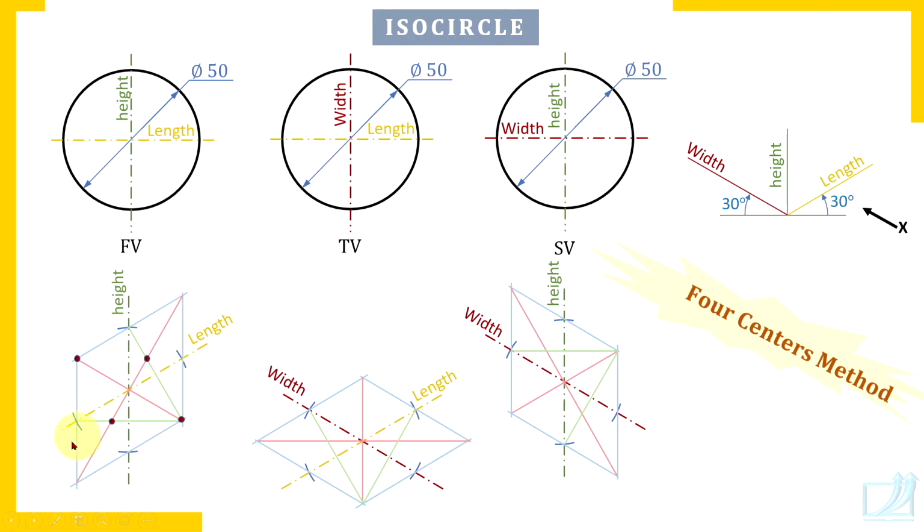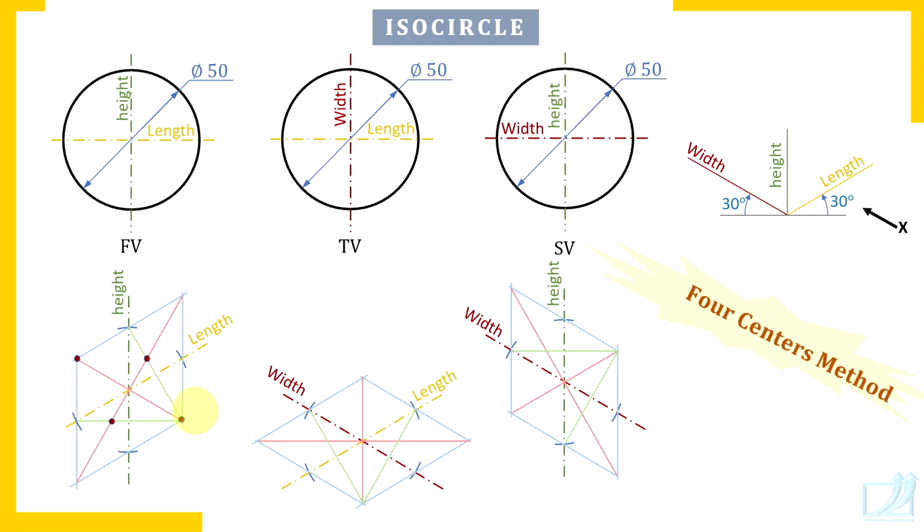This height axis and length axis. Height and length axis create four quadrants. In isometric views, these quadrants get distorted. Out of these four quadrants, two quadrants are wider. So you get one center in each quadrant. How to get those four centers?